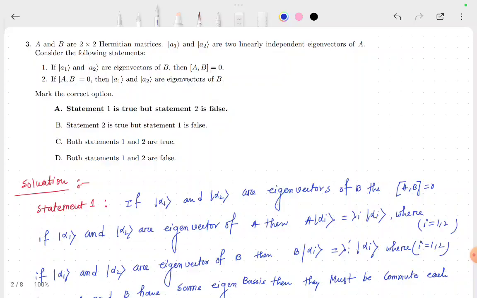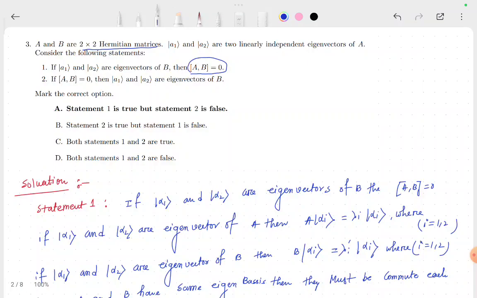Question number 3. A and B are two-cross-two Hermitian matrices. A1 ket and A2 ket are two linearly independent eigenvectors of A. Consider the following statements. There are two statements mentioned. If A1 ket and A2 ket are eigenvectors of B, then A and B commute with each other.